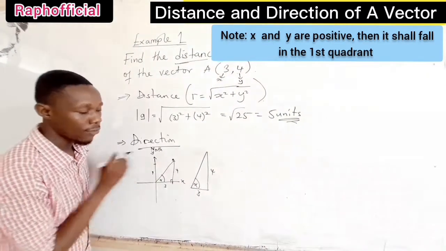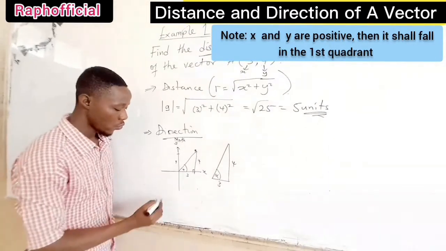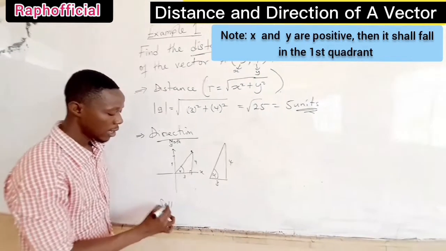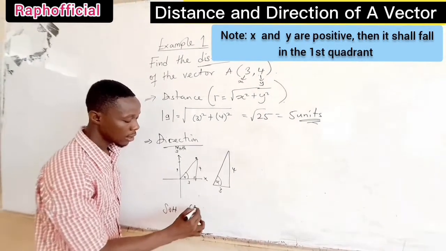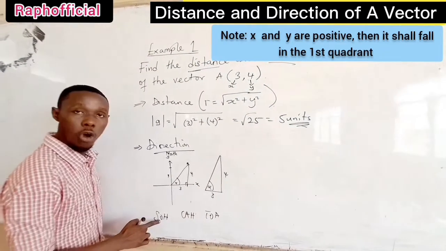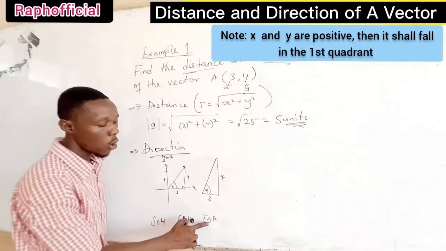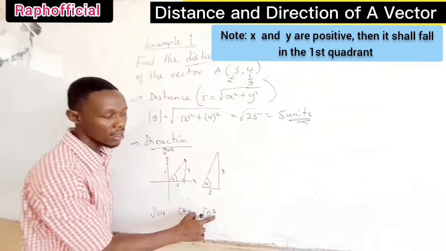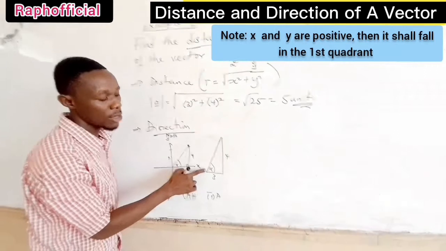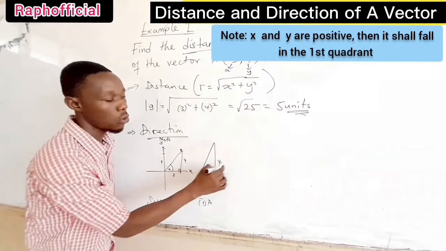Finding the angle alpha, we are going to apply the trig ratio rules. SOHCAHTOA: opposite hypotenuse, adjacent hypotenuse, opposite adjacent. Now, let's stand here. The angle here, alpha, is opposite to 4.